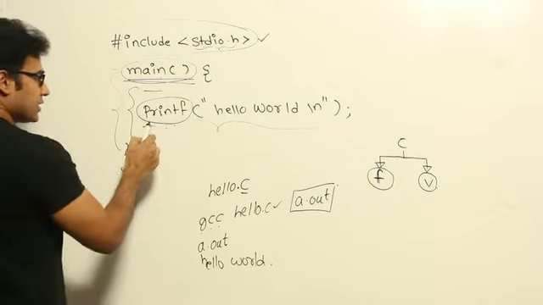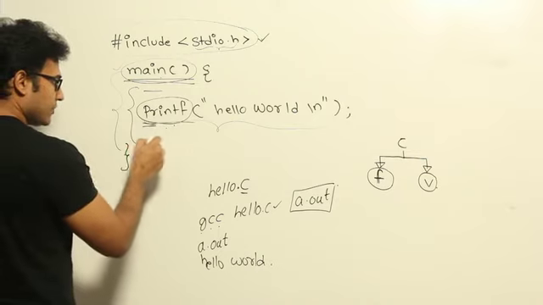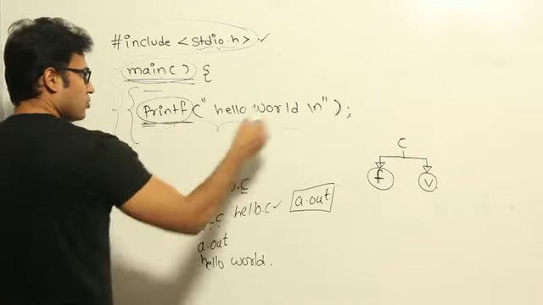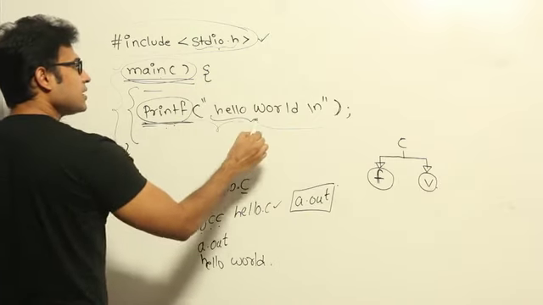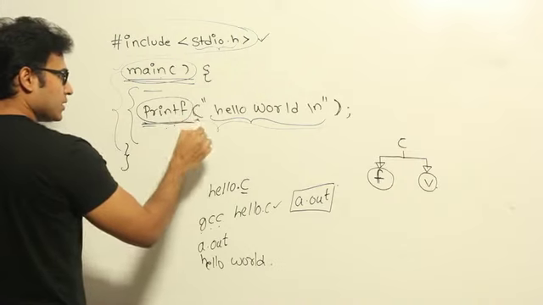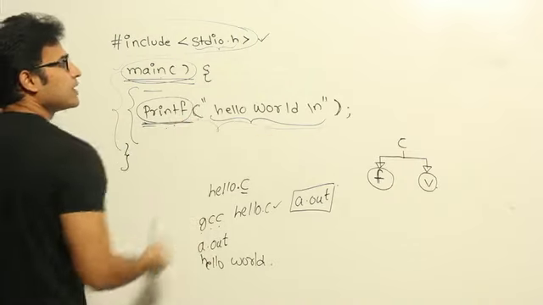Now this is the name of the function, and between these braces you send some arguments. Whatever is present between these braces, whenever you call a function, is called the argument list.